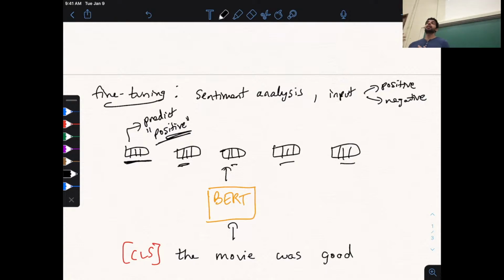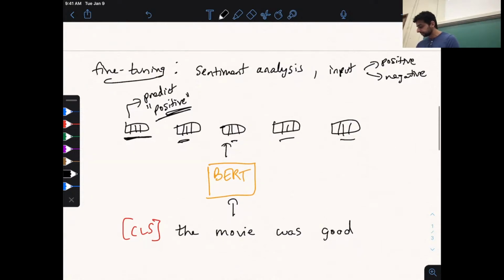However, in this case, I only have 2 labels, right? I have positive and negative. In the language modeling case, I have V possible labels, where V is the size of the vocabulary. So this is a much smaller softmax layer than what we are used to from the previous models.